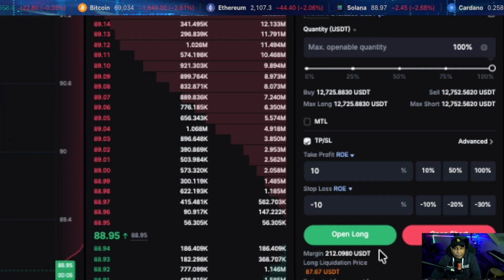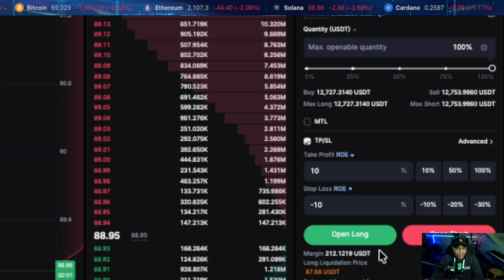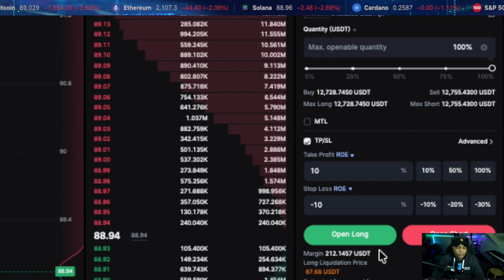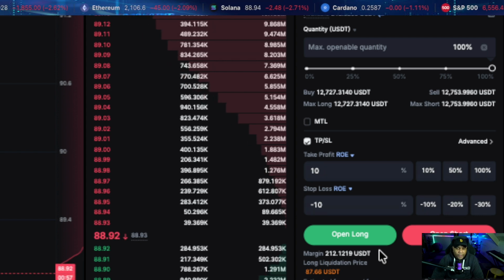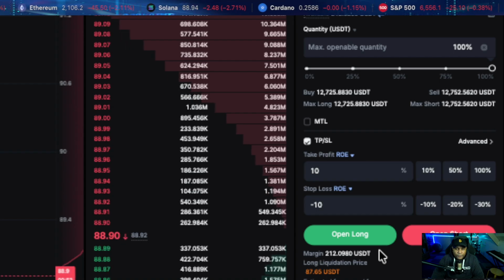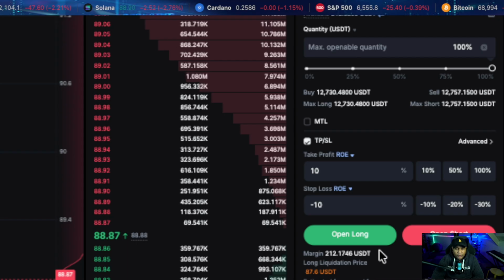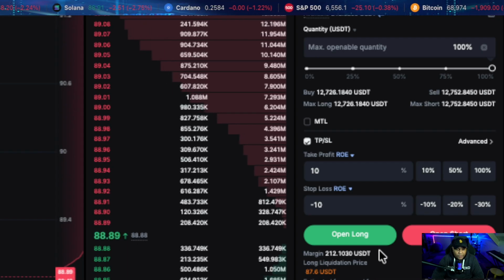And if the price starts to go down and it goes further than 10%, then it stops out the trade, and I only lose 10% of my trade. So if I would have traded with $200, it means I would lose a maximum of $20.